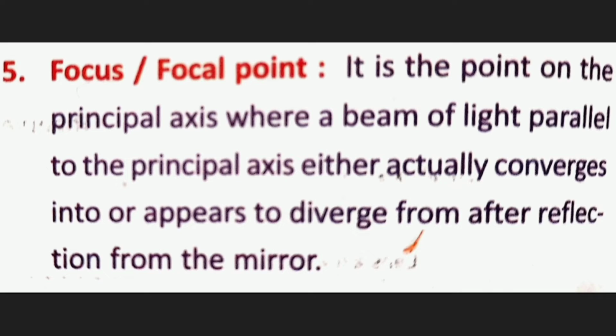So what it's trying to say here is that we shoot a beam of light towards the mirror and it converges into a point called the focus, or if we shoot a beam of light from the focus, it will actually appear to diverge from the mirror.